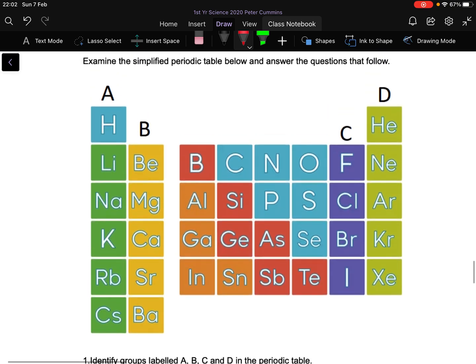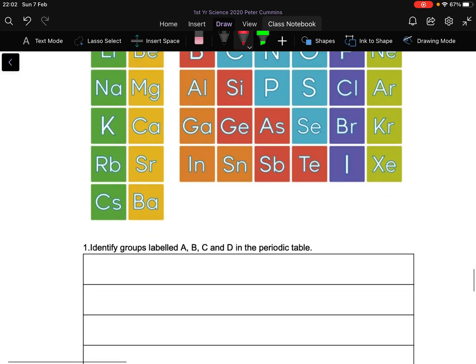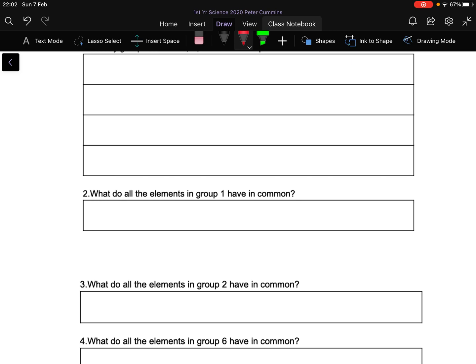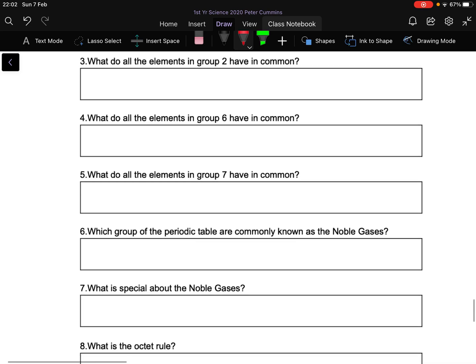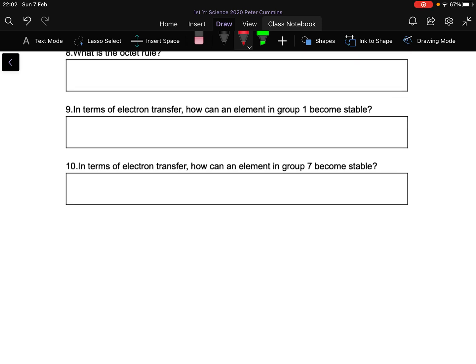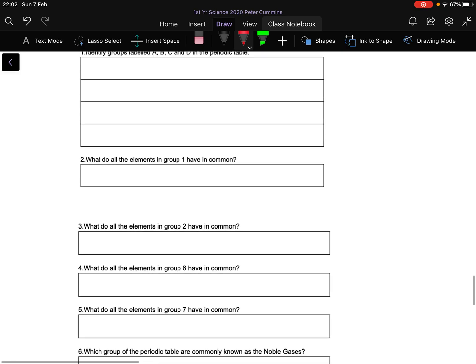Identify the groups, so the names: alkali metals, alkaline earth metals, halogens, and noble gases. What do all elements in group 1 have in common? We did that with sodium and lithium. Same with group 2, same with group 6. Then a bit about the octet rule, and what can group 7 ones do? What can chlorine do in order to become stable? Well, it has 7, so what's it going to do? Quite a handy little exercise.